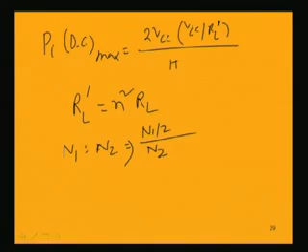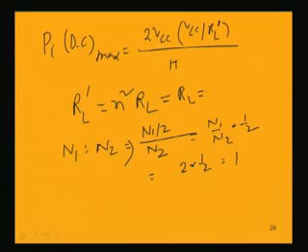So, it will be N1 is to N2 into half, and N1 is to N2 is given as 2, so 2 into half, that means 1. So, RL dash and RL are equal.